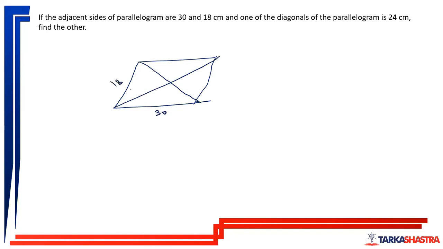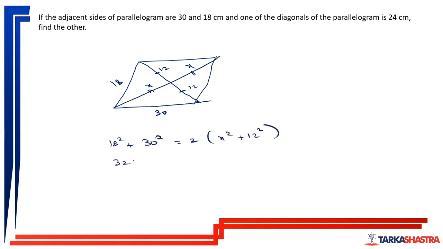Adjacent sides are 30 and 18. One of the diagonals of the parallelogram is 24, but diagonals of a parallelogram bisect each other. So this will be 12, this will be 12, and we have to find out the other. So this is x, this is x. According to Apollonius theorem, 18 square plus 30 square will be twice of x square plus 12 square.